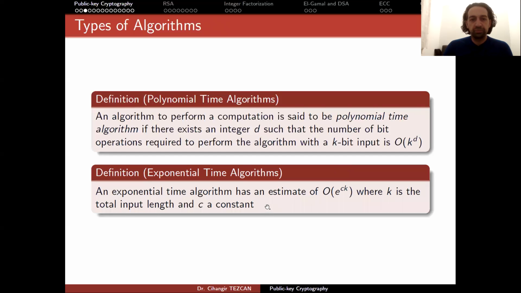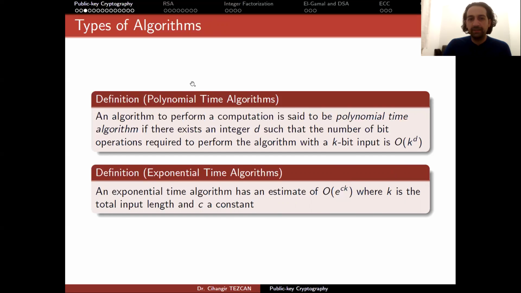An exponential time algorithm can be defined as follows. It has an estimate of, again with big O notation, e to the ck, where k is the total input length and c a constant. As you can see, the bit length is in the exponent here. Here it is like a polynomial, so it is k to some power, but it is an integer or some value, not a variable.